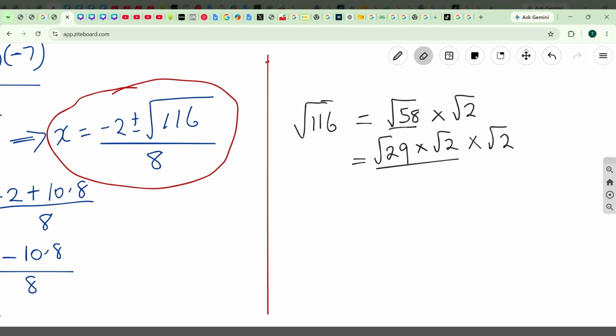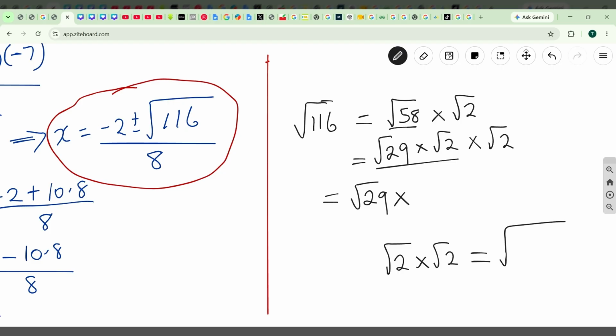We can say that the square root of 29 can also be written as square root of 29 multiplied by root 2 multiplied by root 2. This is what it means: root 2 multiplied by root 2 is the same thing as root 4, and the square root of 4 is 2. So the whole of this turns to 2, which is the same thing as saying 2 root 29.